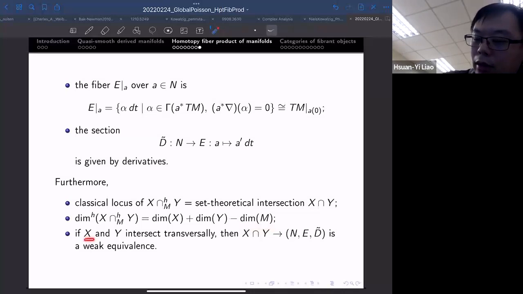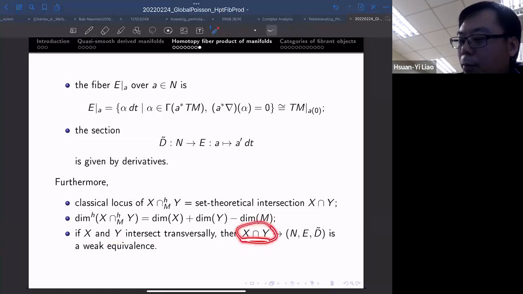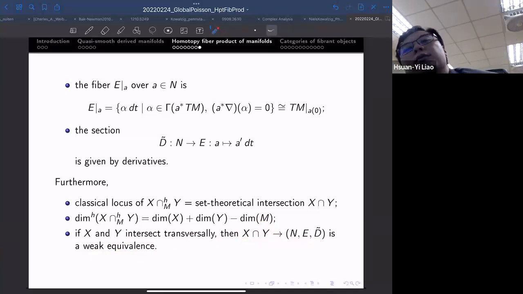So if X, Y intersect transversally, that's what I mean by good case, then the intersection becomes a manifold, and there's a natural map from this manifold to my derived intersection, and this map is a weak equivalence. So in good case, this derived intersection is the same as the classical intersection.